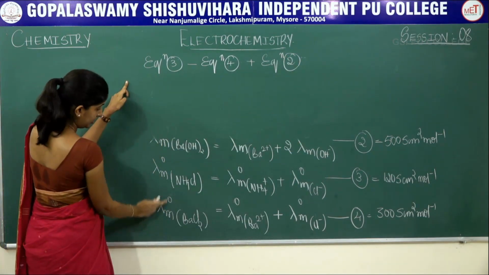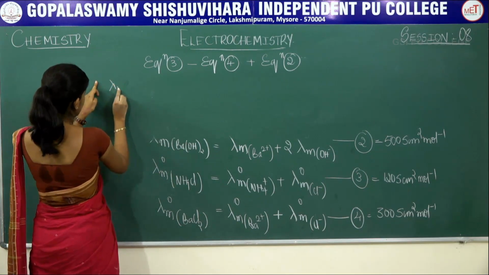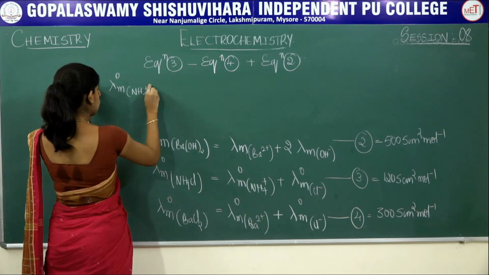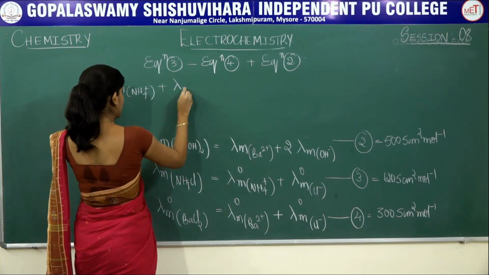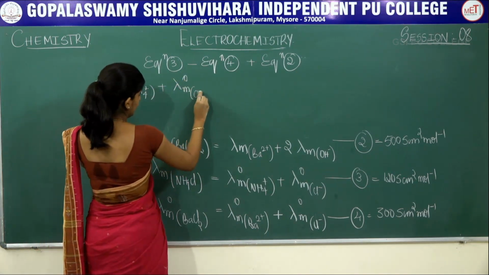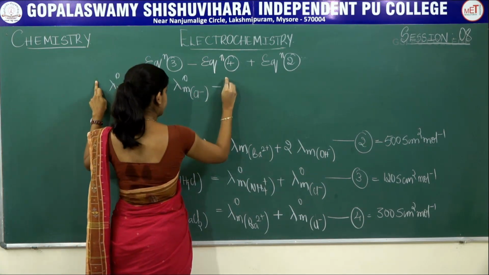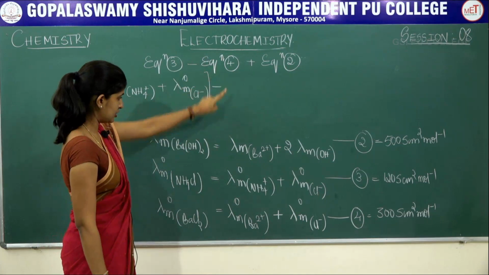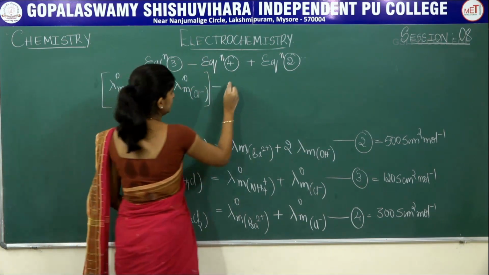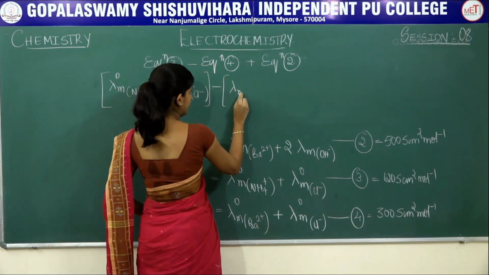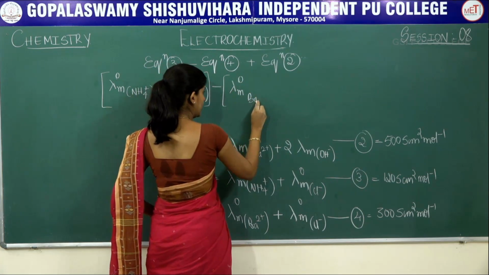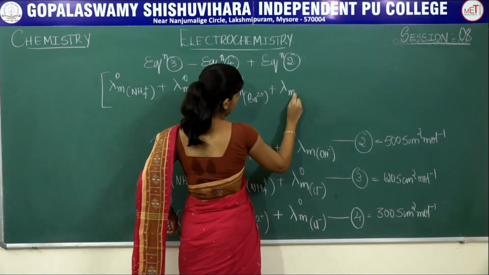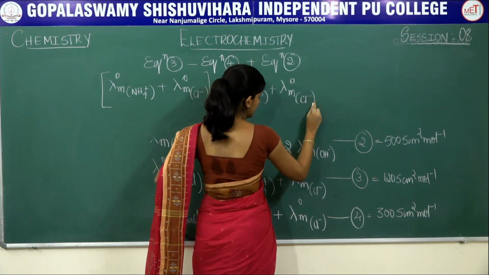Equation 3 is lambda m naught of NH4 plus, lambda m naught of Cl minus. So minus of equation 4 is this one, that is lambda m naught of Ba2 plus, plus lambda m naught of Cl minus.